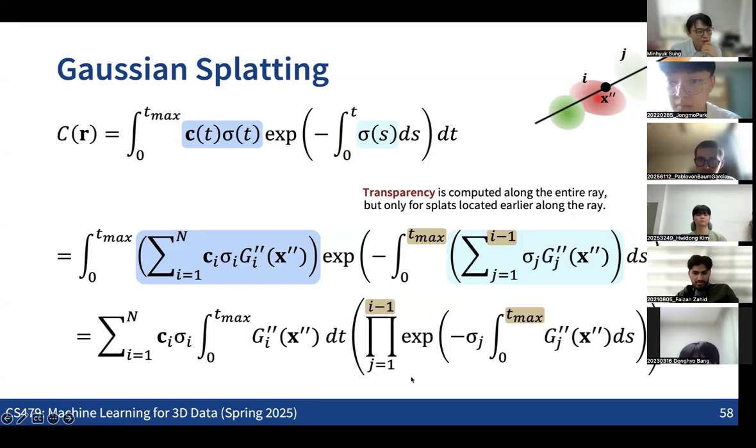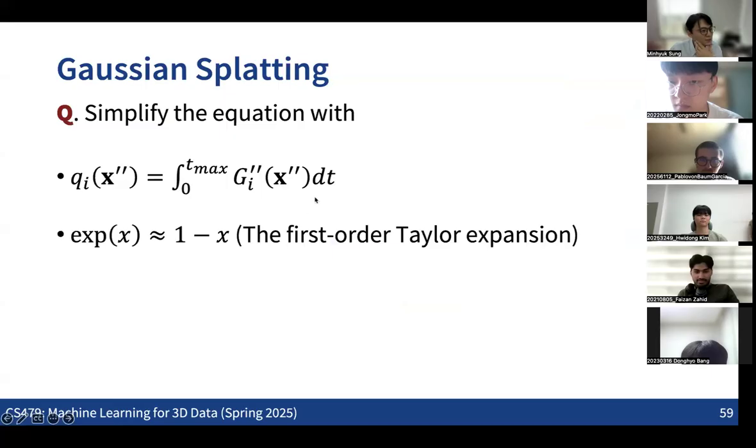You can check out more details on how we change the formulation based on the assumption, and you can see what's good about this formulation. After making this change, can we simplify this equation with two things? We can now compute the integral of the Gaussian kernel along the ray direction, so let's replace this term with qi, just introducing a new notation.